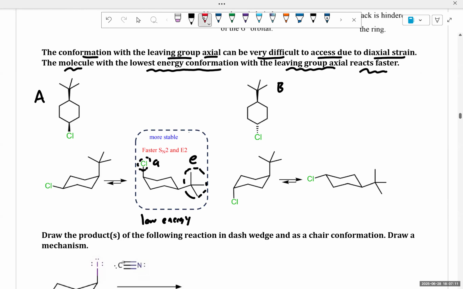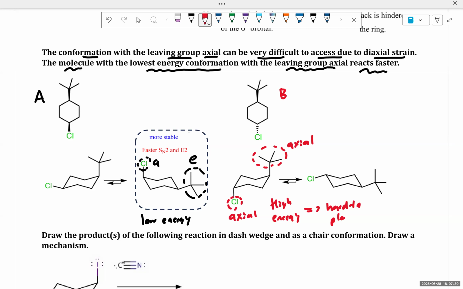By comparison, in molecule B, in stereoisomer B, when you place the chlorine axial, you're forced to place the tert-butyl group axial. This conformation is high energy, and what that means is it is hard to place the chlorine axial, which gives a slow SN2 reaction.